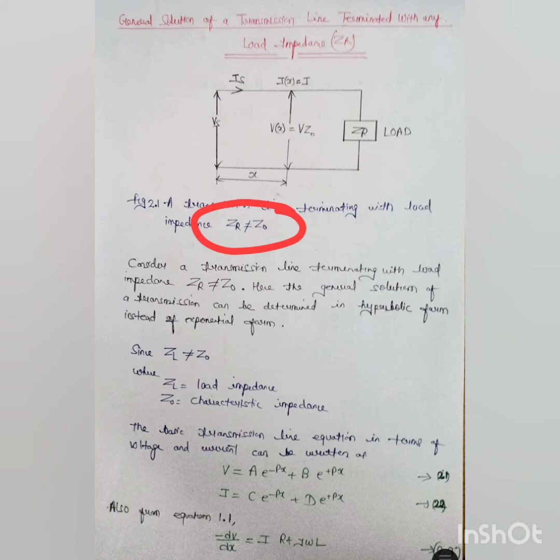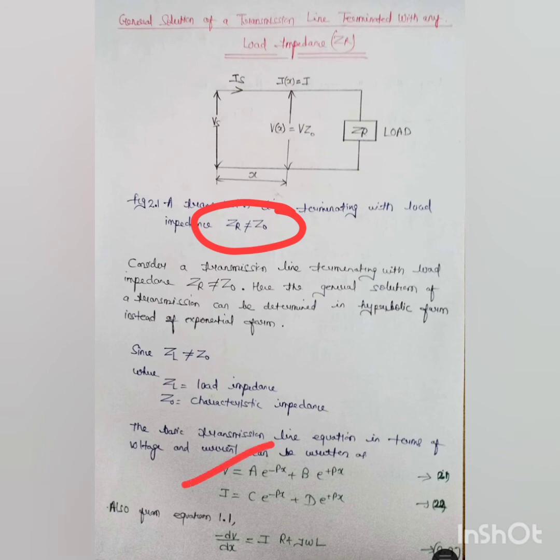Now for finding the general solution in terms of hyperbolic functions, we have taken our basic transmission line equation, which we elaborated in terms of voltage and current in the previous topic.